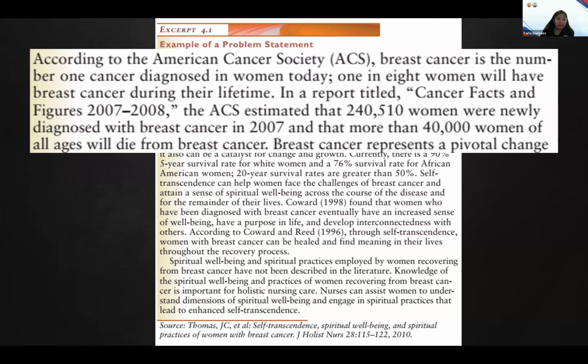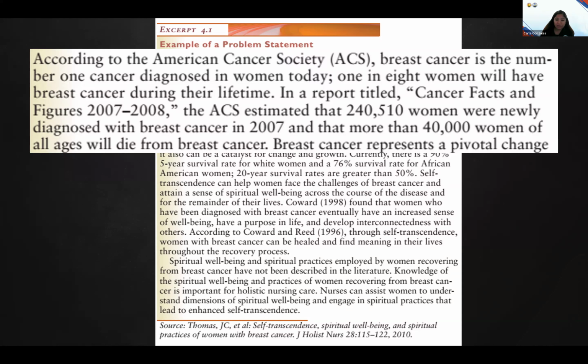In a report titled Cancer Facts and Figures, although this is a relatively old study already, the ACS estimated that 240,510 women were newly diagnosed with breast cancer. I think that would be higher up to this day, and that more than 40,000 women, of all ages, will die from breast cancer.